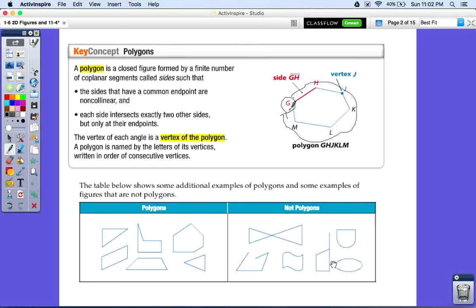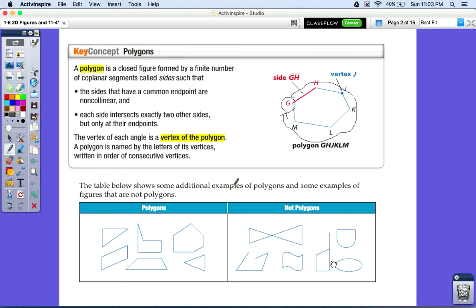You can't say that it's G, J, L, M, K, H. But you can start at G and go the opposite direction, or you can start at H, J, K, L, and M, as long as you are following a circular pattern.